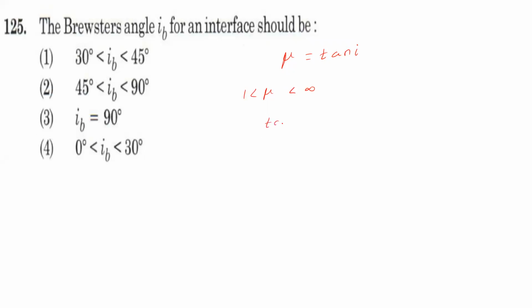That means tan I must be greater than 1 and less than infinity. For what angle is the value of tangent 1? 45 degree. That means I should be greater than 45 degree and less than 90 degree, since tan 90 is infinity. We take this Brewster angle as IB. That means the Brewster angle range is 45 degree to 90 degree. 125th question, second option correct.